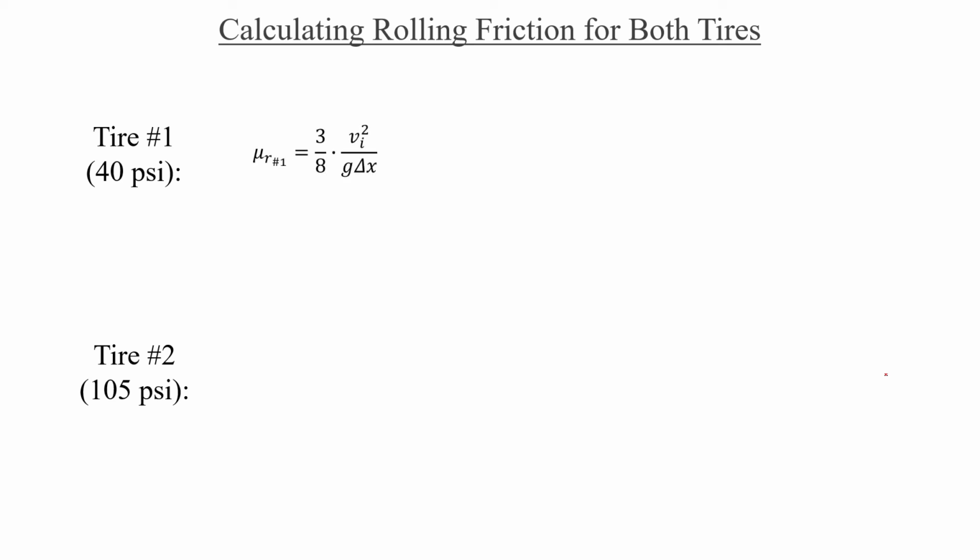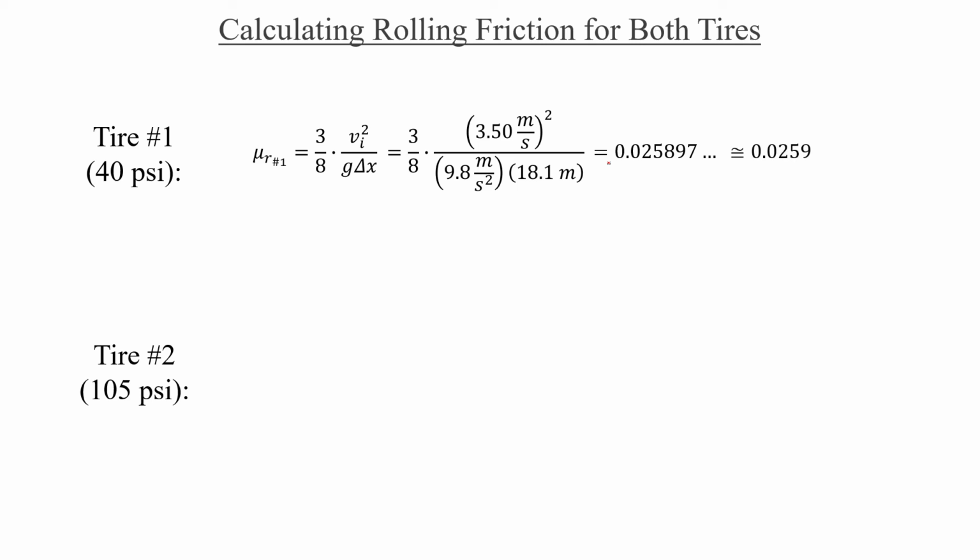I'll plug in the coefficient of rolling friction for tire number 1, and we're using that expression that we just solved for. And what am I plugging in? Well, the initial velocity, squaring it. I know what G is, and the distance that the first tire went. And I get this on my calculator here, and when I approximate to the correct number of significant figures, I get that number.